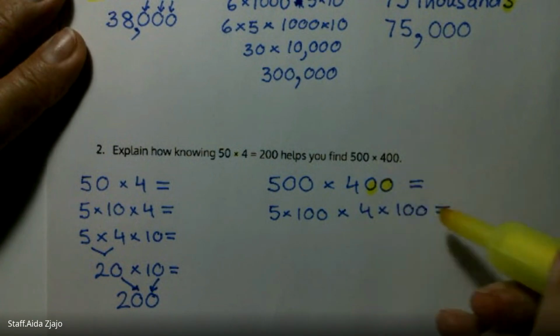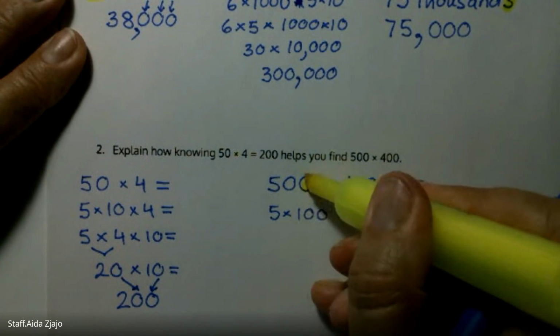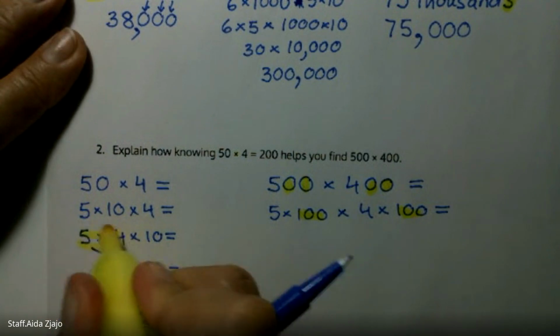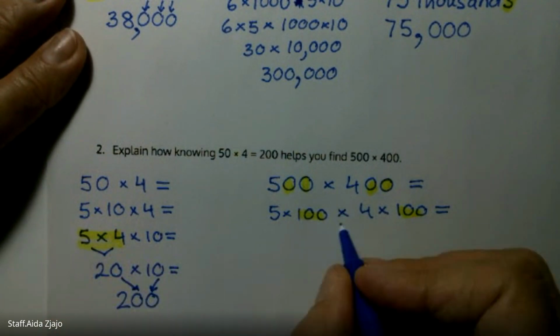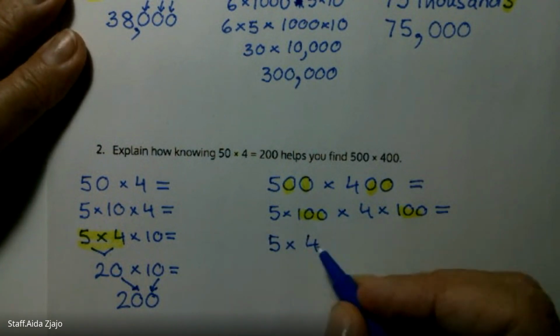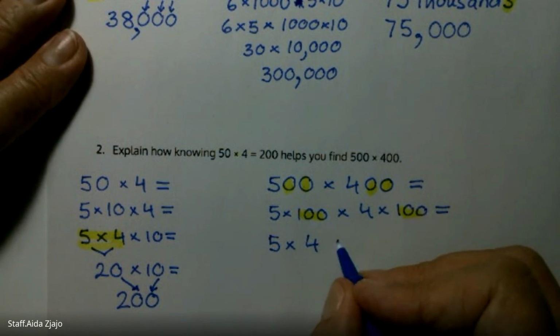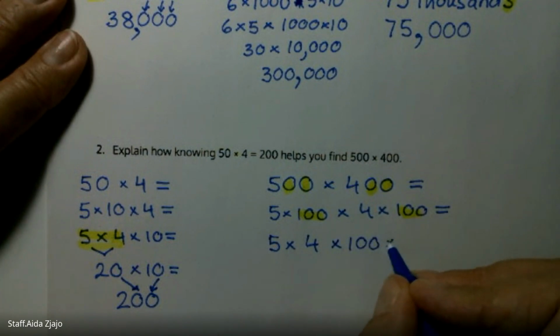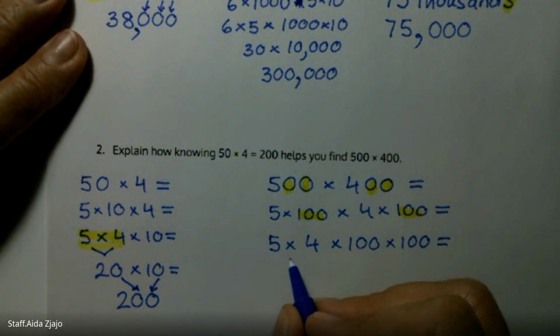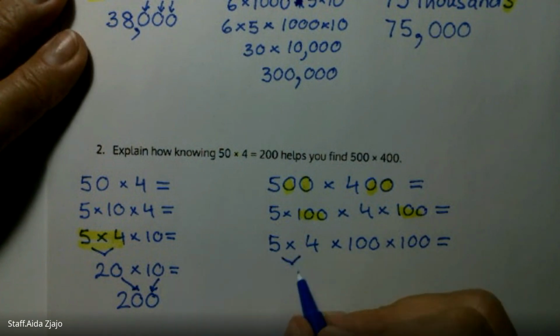So now I can use the same as I did here. 5 times 4 is 20, and then you need to multiply 100 times 100. 5 times 4 is 20, same as here.